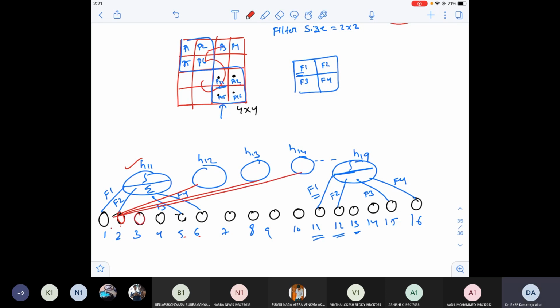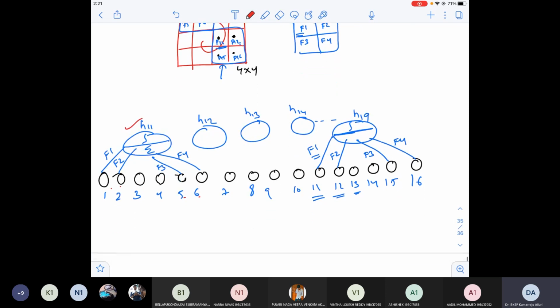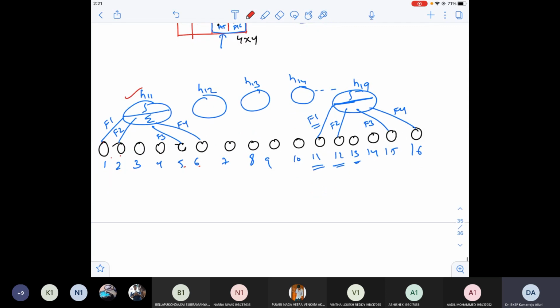Even 3 is not at all connected to this first hidden layer neuron. That means we are not following dense connections. If the same network had to be represented in a dense form in a deep neural network, every input neuron would be connected to every one of the 16 neurons. That is not happening. That means what I have achieved is sparse connectivity.